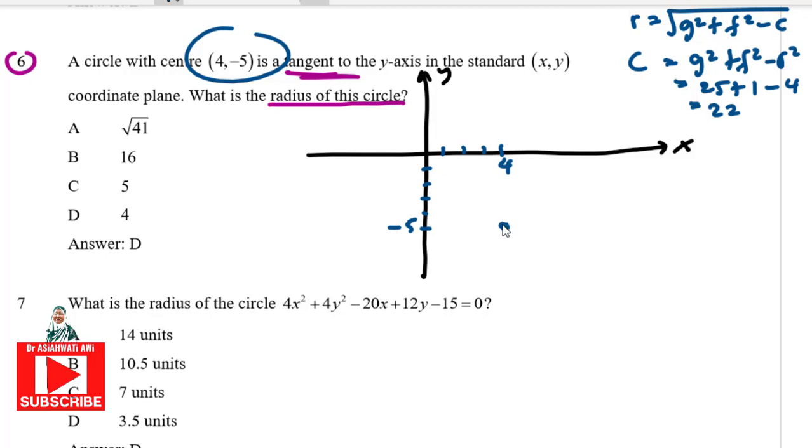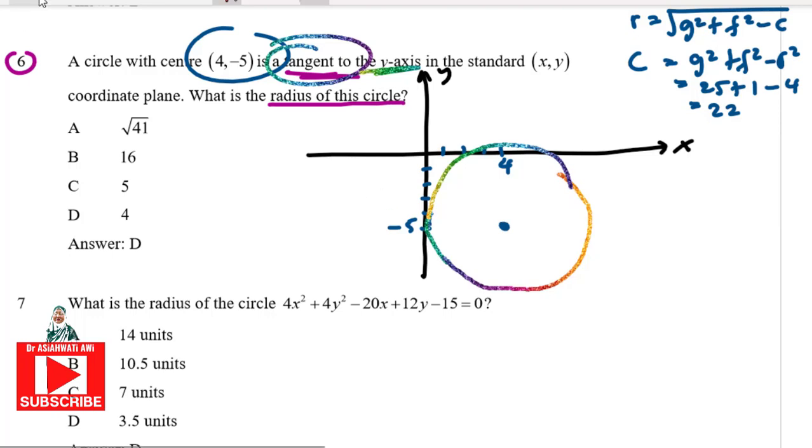This is that one. And since it is tangent to the y-axis, it touches the y-axis. Okay, let's say this is that one. Simple. Then it touches the y-axis. Okay, done.